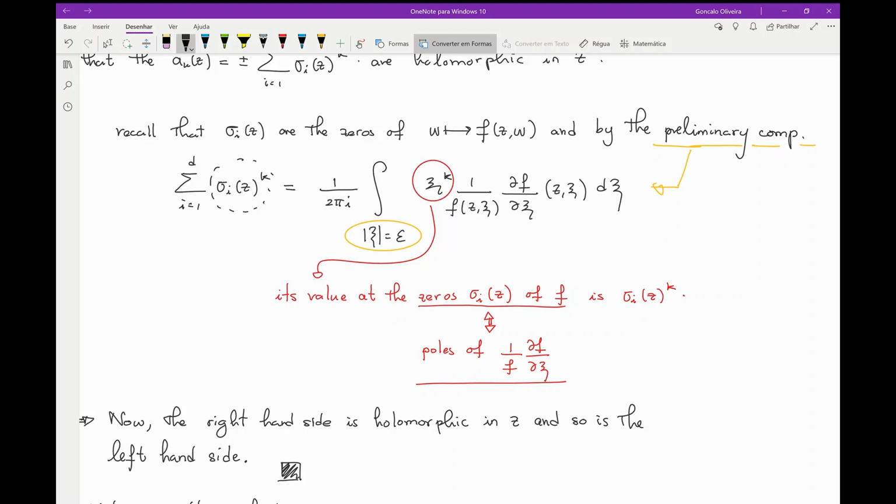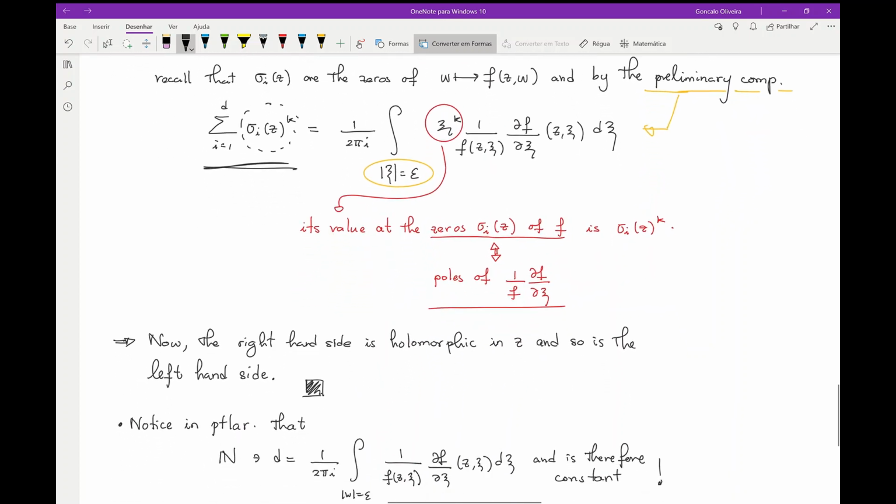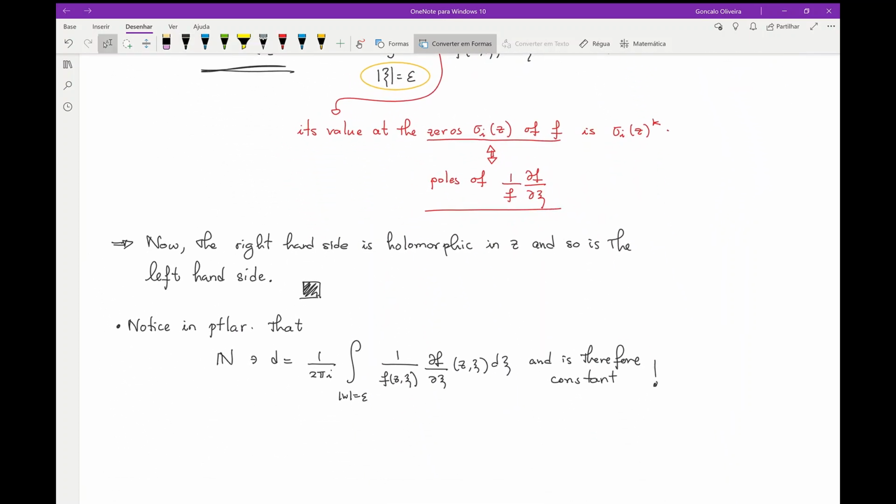Remember again, it's those black lines where the function has no zeros. So these are holomorphic in Z, and so is the left-hand side. That is basically the proof that these are indeed holomorphic in Z, and that finishes the proof of the Weierstrass preparation theorem.